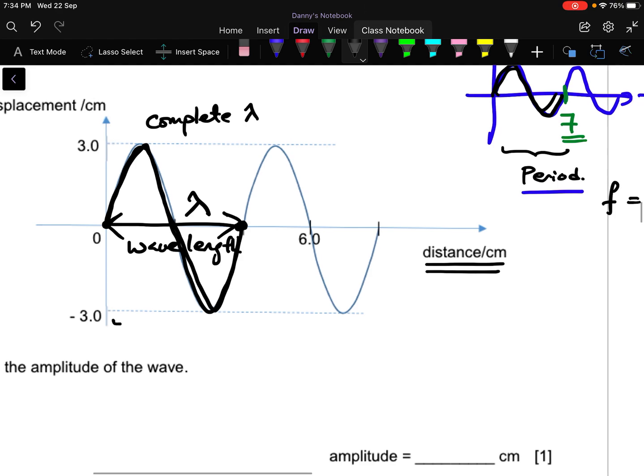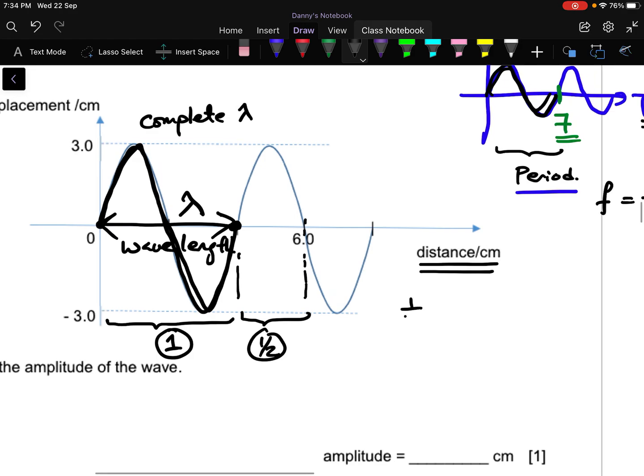So of course, if you look at this, this is one complete wave, right? Then how about this? This is half a complete wave, right? So therefore, just by looking at this, you will already know that 1.5 complete waves is 6 cm. So you can actually find out one wavelength is how much.